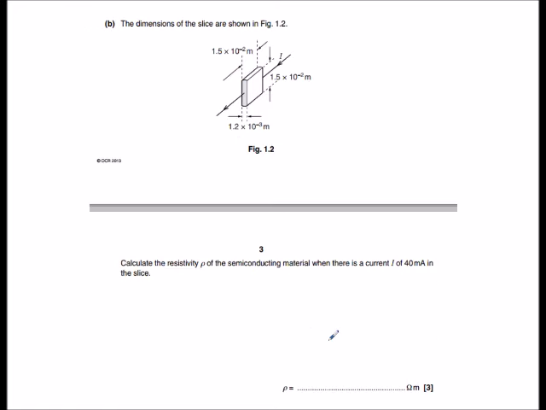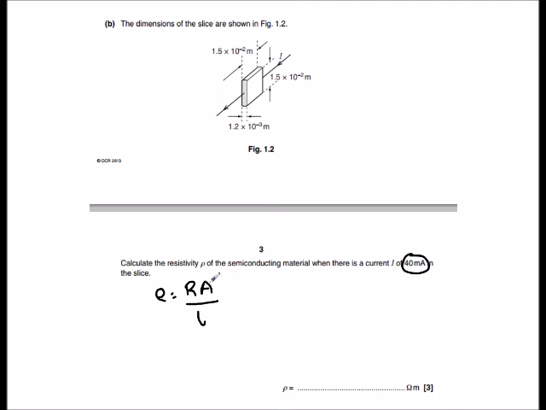Next question. It's showing you now the dimensions of this slice of the semiconductor. It says calculate the resistivity rho of this semiconducting slice when there's a current of 40 milliamps in it. They give you resistivity in your formula booklet. It's just the resistance times the cross-section area divided by the length.